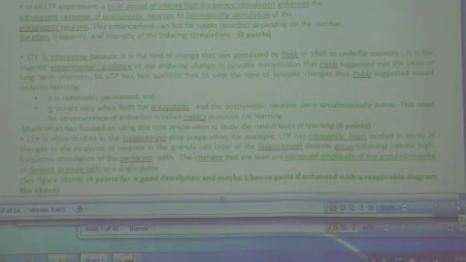So those preferred inputs. And in the LTP experiment, a brief period of intense high-frequency stimulation enhances the subsequent response of postsynaptic neurons to low-intensity stimulation of the presynaptic neurons.